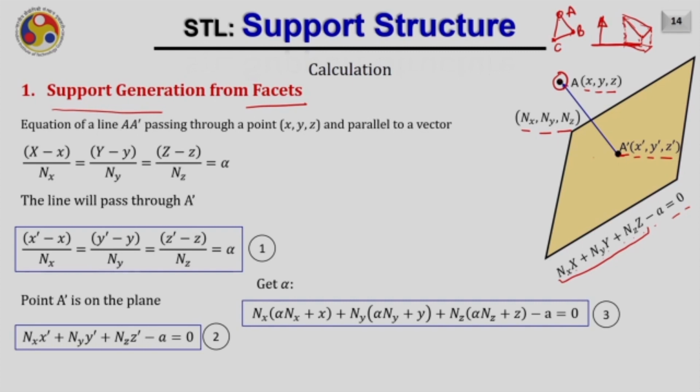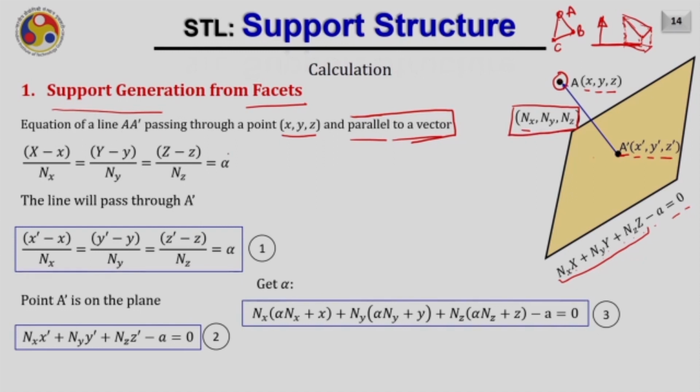So first of all, let us find out the equation of the line AA dash that is passing through the point x comma y comma z and it is parallel to a vector, which is nothing but the unit normal nx, ny and nz.